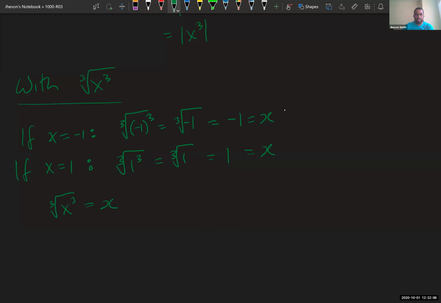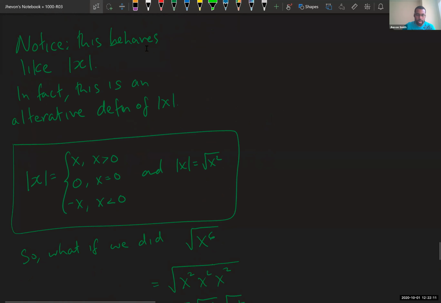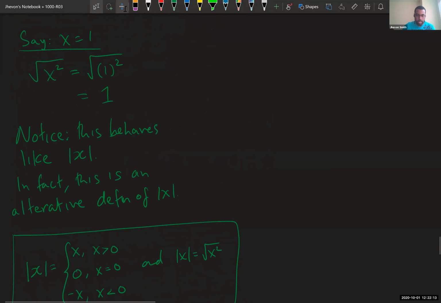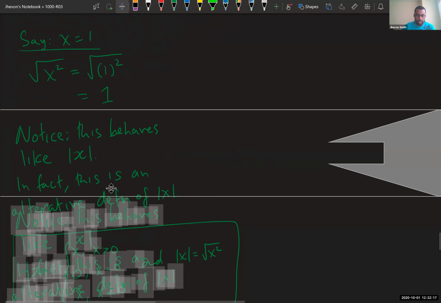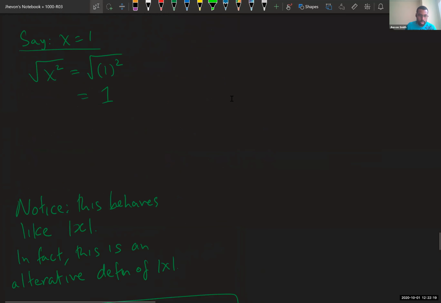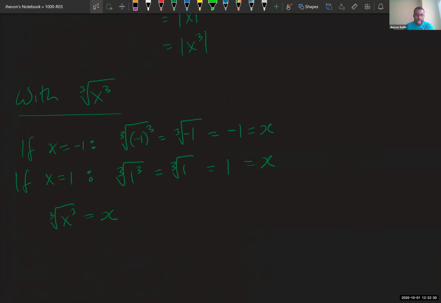while the square root of x squared is always going to give you absolute value of x. So for this one, the actual number that I plug in is the number that comes out. If I plug in a -1, a -1 comes out. If I plug in a +1, a +1 comes out.